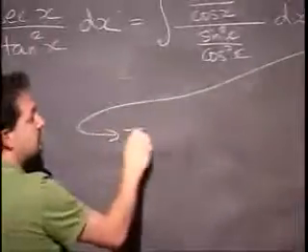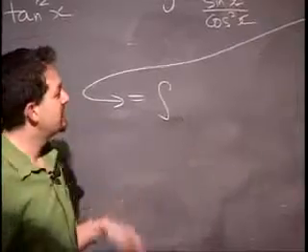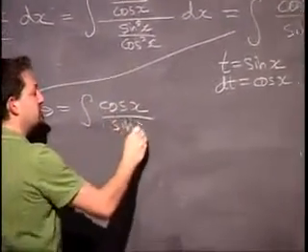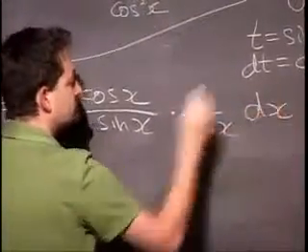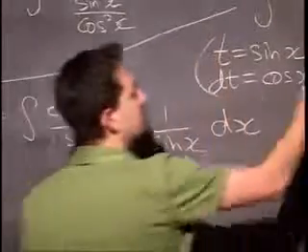Watch this. Instead of doing the substitution, I'm going to write this as cosine x over sine x, and another sine x is here. So this works, but is not the only way.